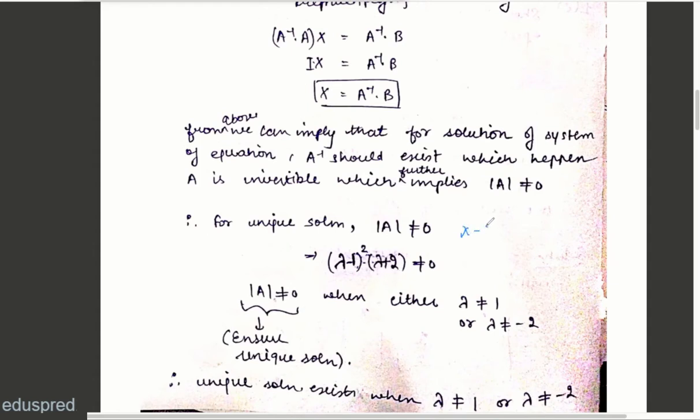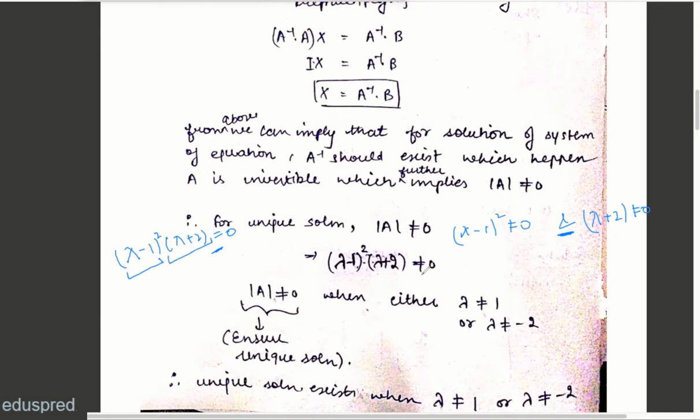This means that lambda minus 1 whole square should not be equal to 0 and lambda plus 2 should not be equal to 0. Note that I am writing 'and' here, because had it been equal to 0, then either term being equal to 0 would suffice.